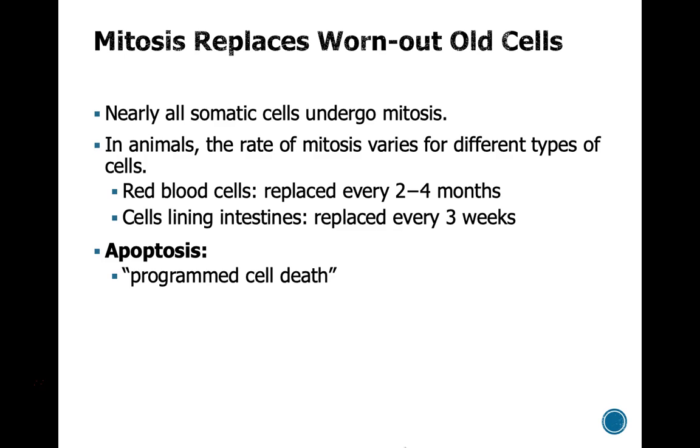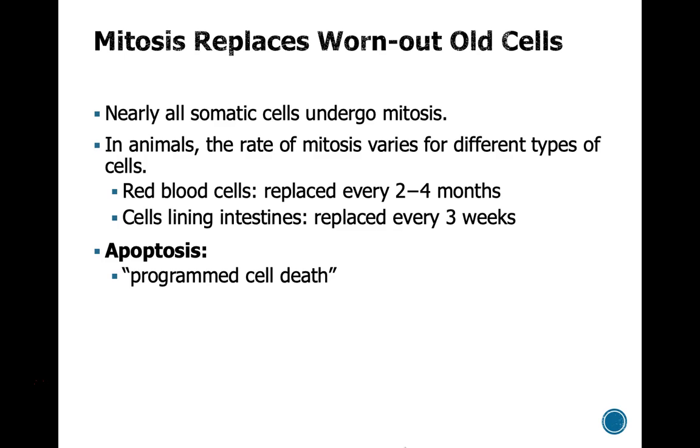Mitosis occurs in a type of cell called somatic cells. These are basically all the cells in our body except for our gametes, which are sperm and eggs. Once we are done growing, mitosis basically functions to replace worn out cells.